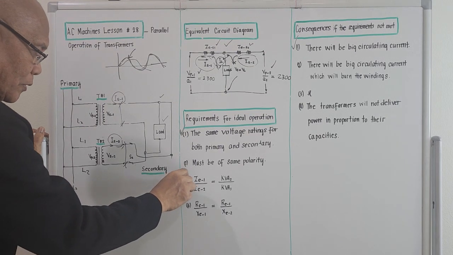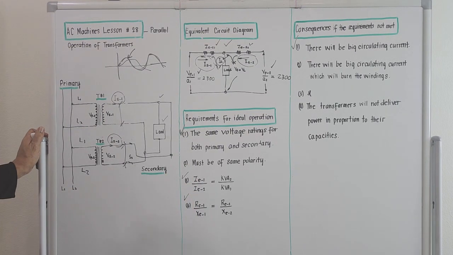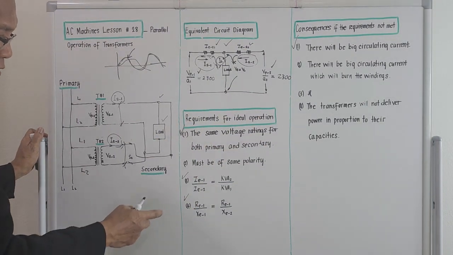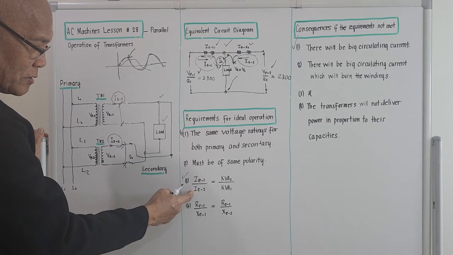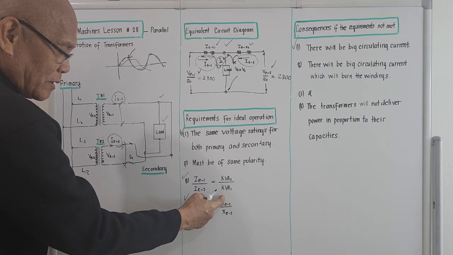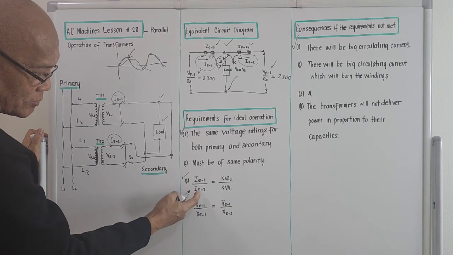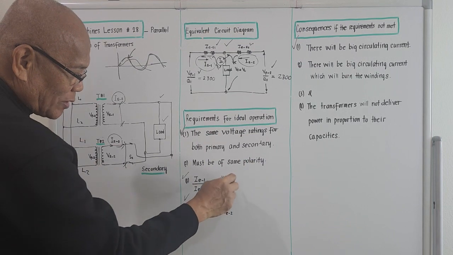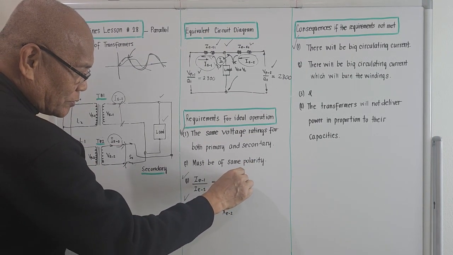Number 3 and number 4, I think we should derive this one the next time around. It is just the ratio of the impedances should be equal to the ratio of the apparent powers. But if this is subscript 2, the numerator on the right hand side will also be subscript 2.